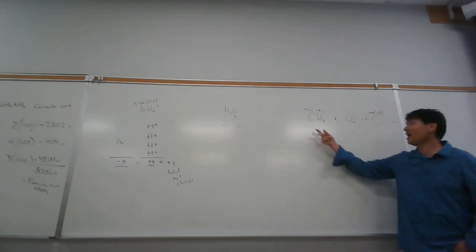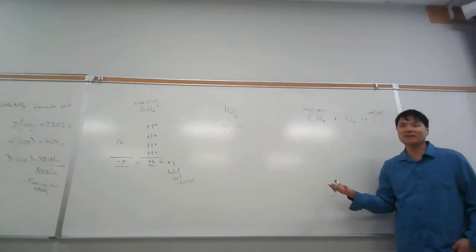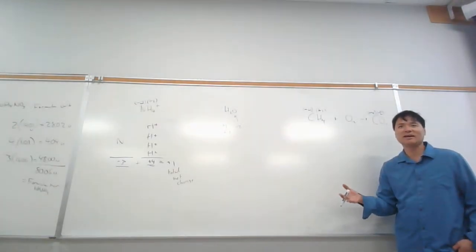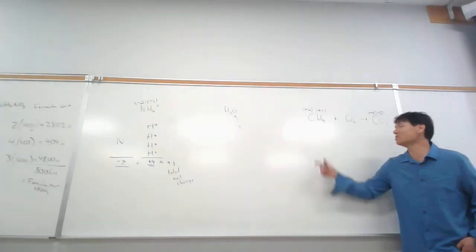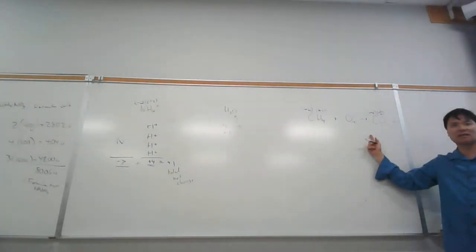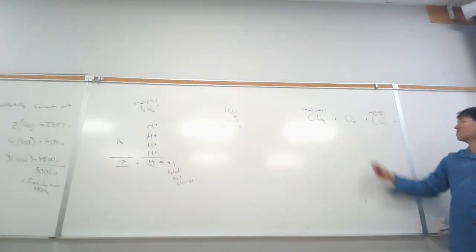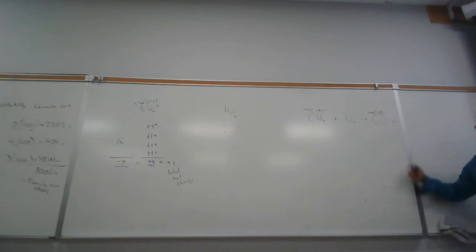So carbon used to have 4 extra gold coins. It lost those 4. Not only did it lose those 4, but it lost an additional 4. So it lost a total of 8. So each carbon lost 8 electrons to oxygen. Well, oxygen is going to be very happy. And we end up with this.